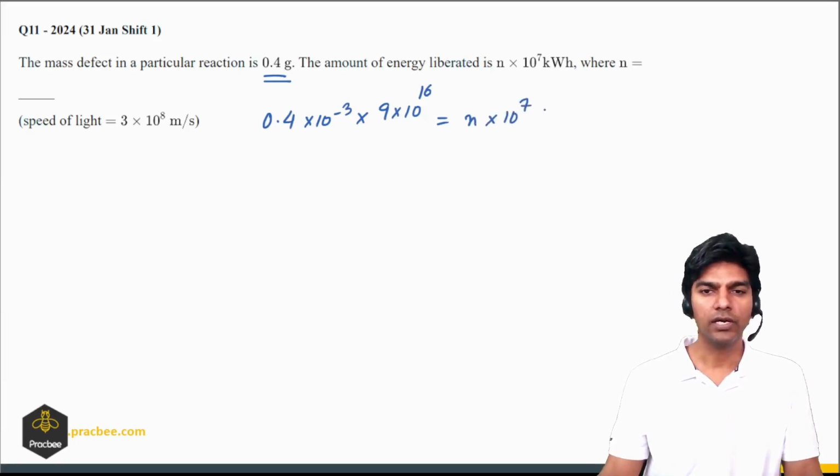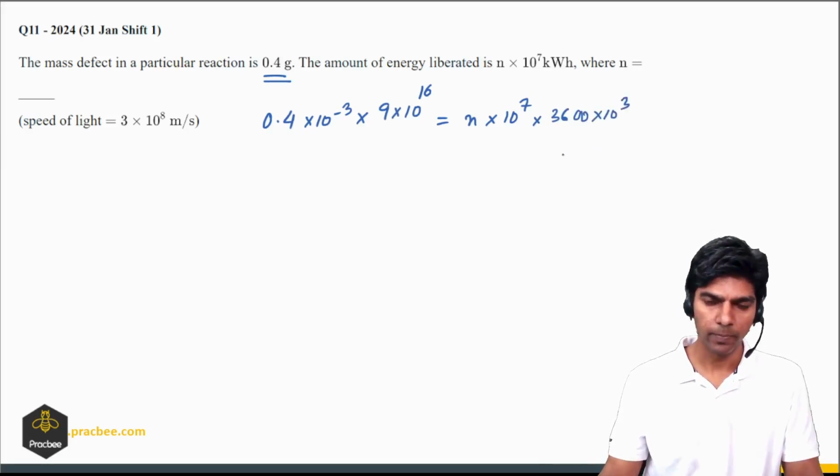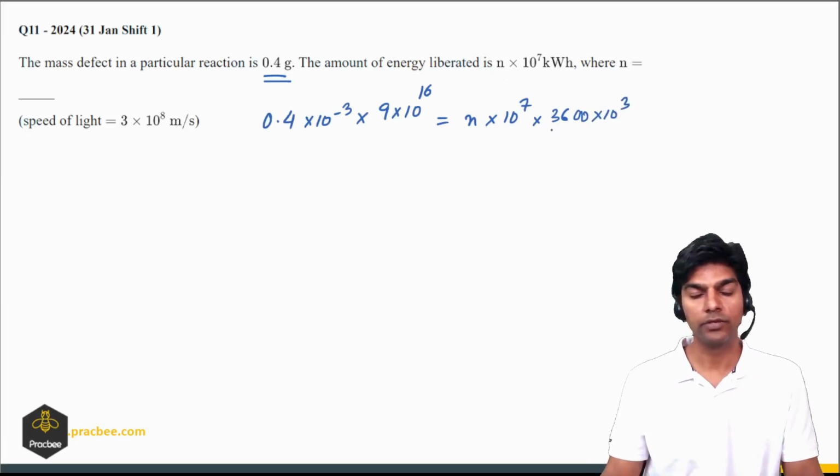And 1 kilowatt hour is equals to 3600 times 10 raised to 3 joules. Right? So you can say 3.6 into 10 raised to 6 joules.